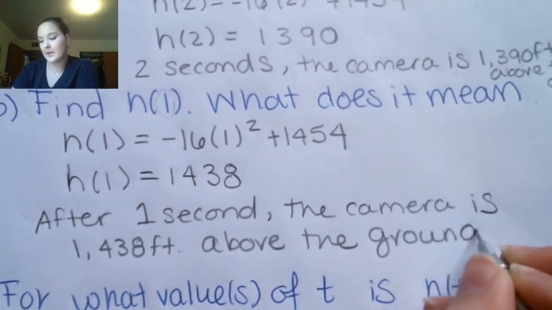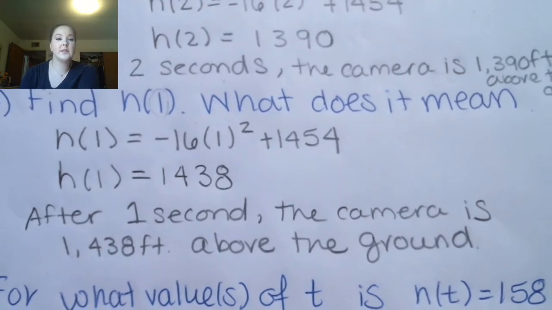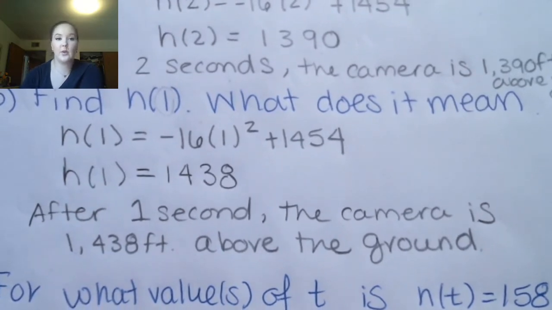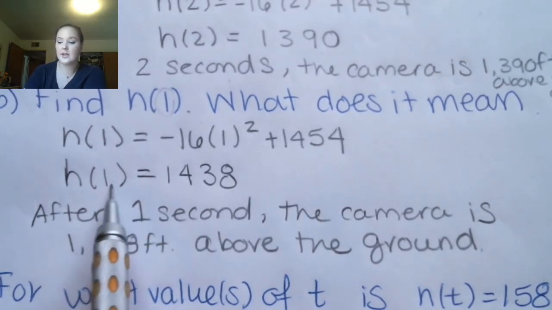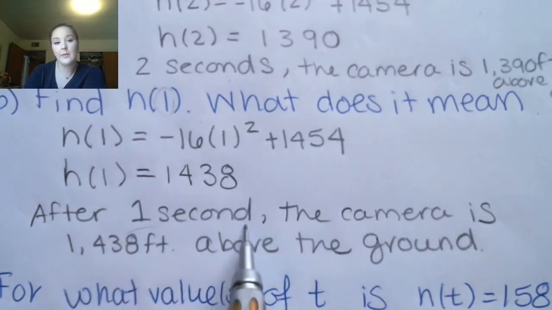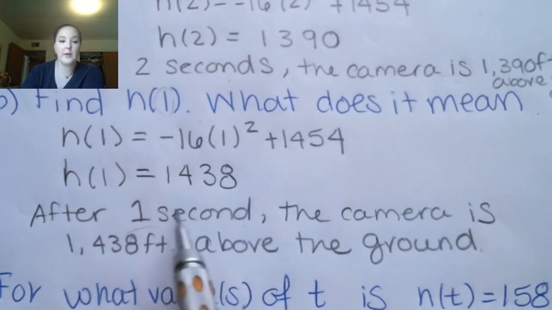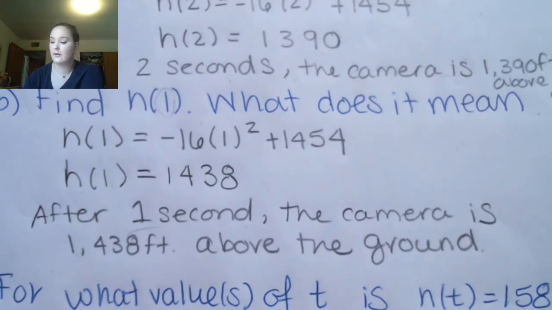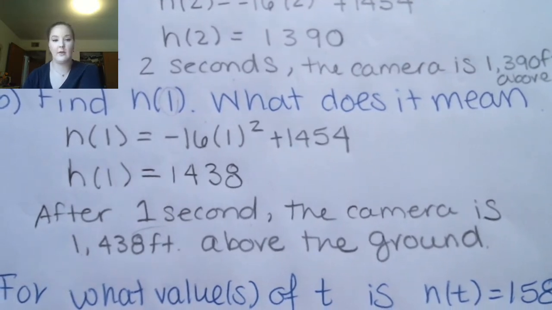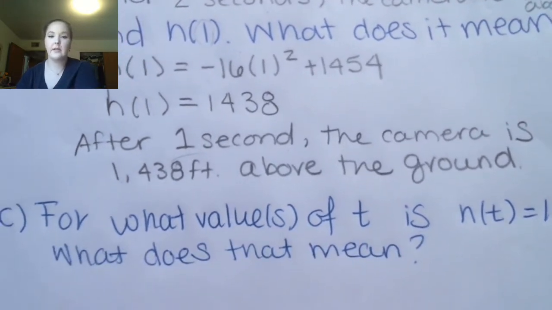Okay, so this what does it mean is really asking you if you understand what the two variables are standing for. So do you understand that this 1 is the time? And do you understand that this h of t value, 1,438, is the height? Okay. All right. Let's look at part C.